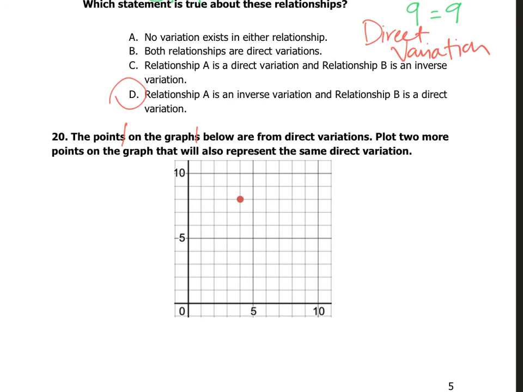So whenever we have a direct variation, it's going to create a line through the origin. So we know that we can always plot the point 0, 0. And the ratio for the ordered pairs in a direct variation is y over x. So our y value for this one is going to be 8, and then our x value is 4.